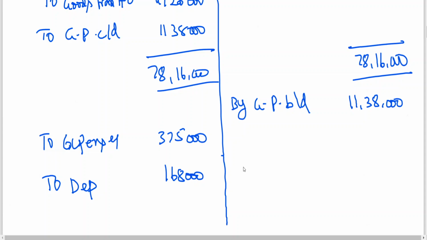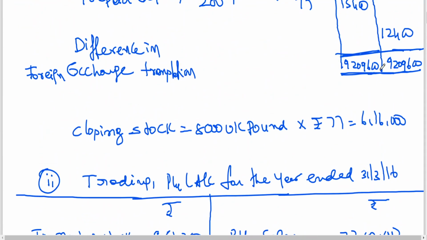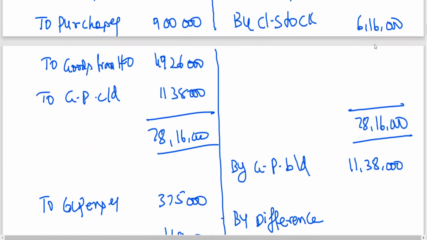Okay, then we got some difference in exchange. What is exchange? Of foreign currency. This is called profit. You can also write it like profit. Since it is on the credit side, I told you in yesterday's class we were having difference on the debit side. Here we are having difference on the credit side.